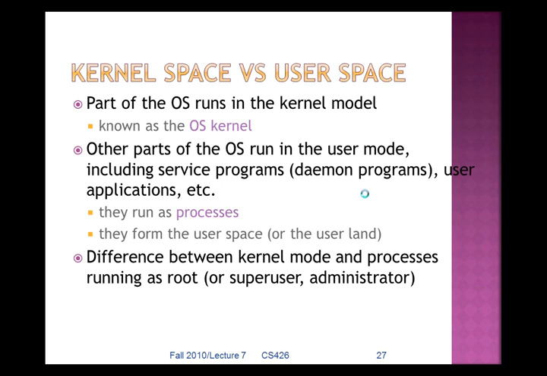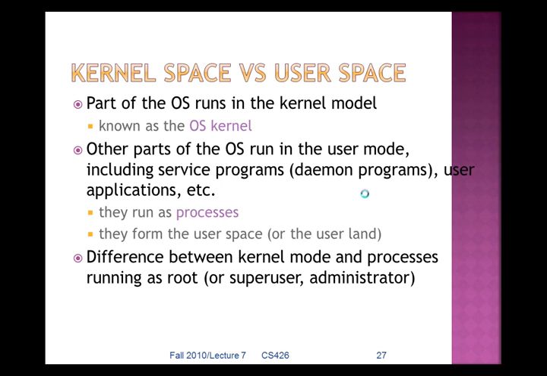Now, what is the difference between kernel space and user space? Part of the OS runs in kernel mode and part of the OS runs in user mode. Half the portion runs in system mode, half in user mode. Whatever part of the OS runs in the kernel is known as the OS kernel.